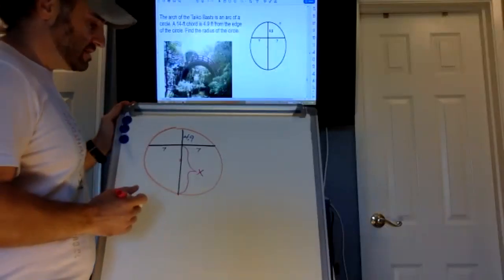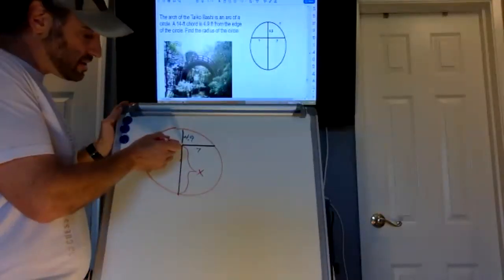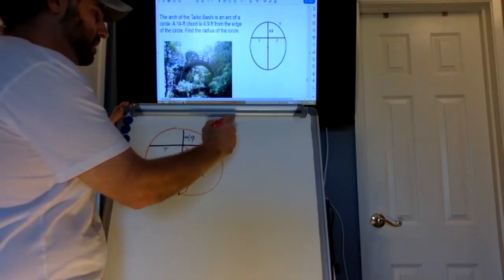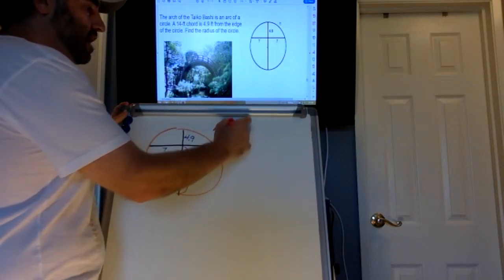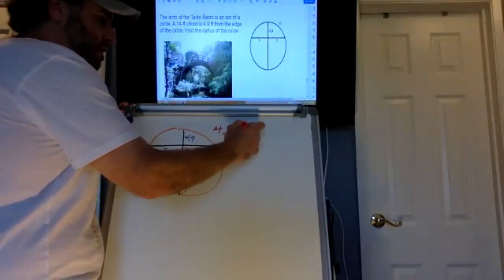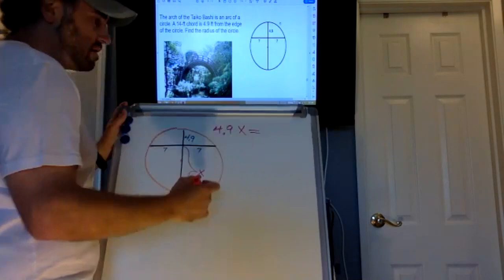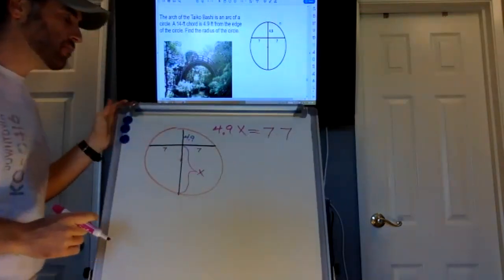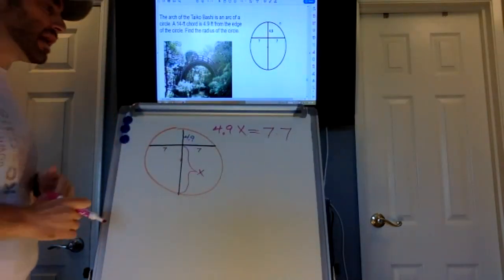All right, so if there's a point, then the distance to the circle here times the distance to the circle the other way along the same trajectory is constant. So that's equal to 7 times 7. And the numbers are nice for you.